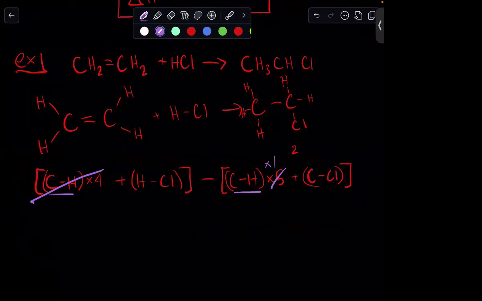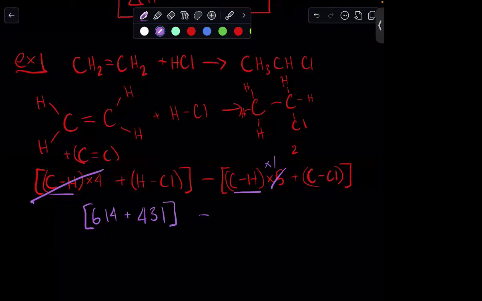So I can actually do this much more simply by just incorporating my HCl, which is going to be 431, and my missing, because you may be screaming at your computer, C double bond C that I did not add before, which is going to be 614 kilojoules per mole. This time I'm not going to be writing all the kilojoules per mole just to save a little time.